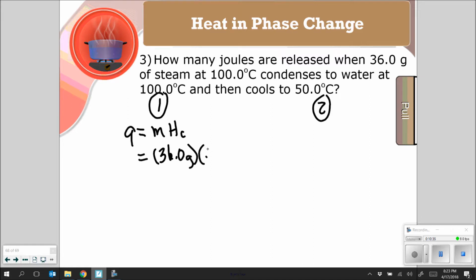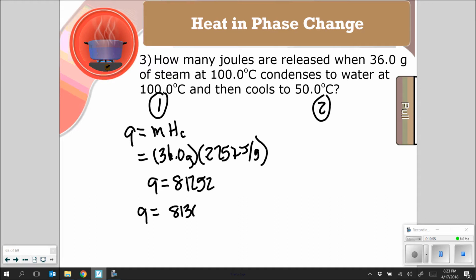And my heat is going to be 2257 per the reference sheet. And then my Q value, which rounds off to 3 significant digits, is 81300. Remember, heat is being released, so my Q value is going to be negative.